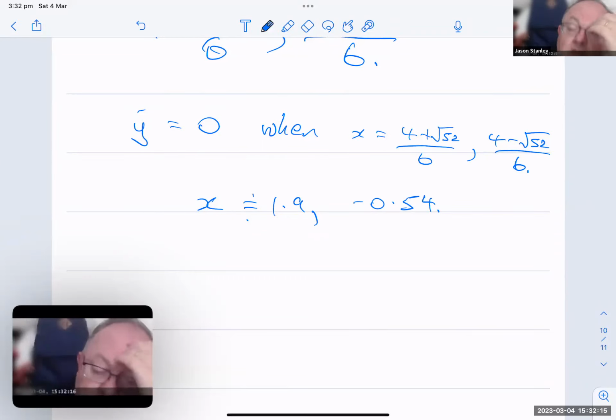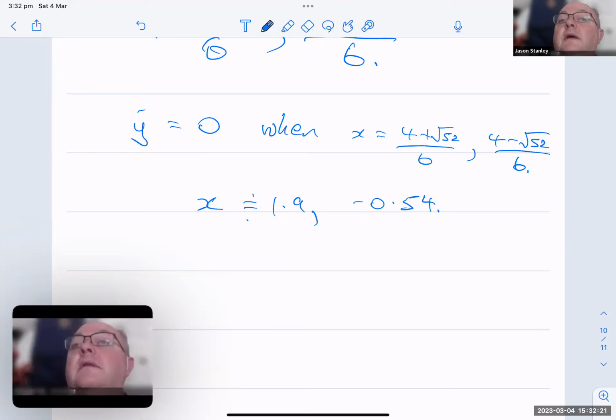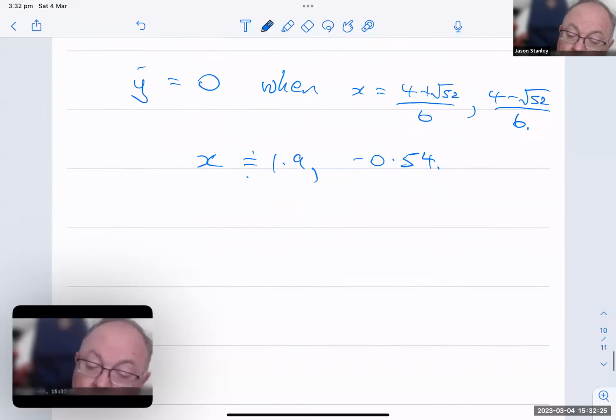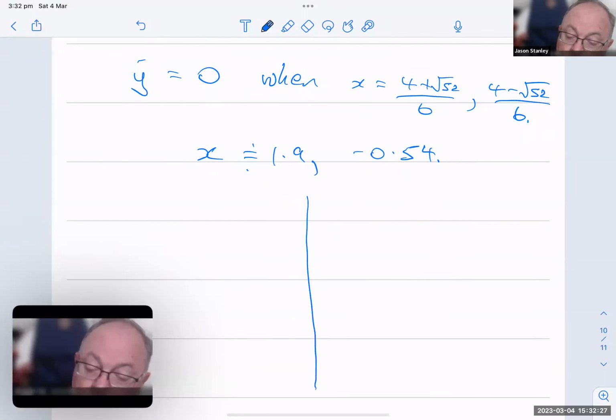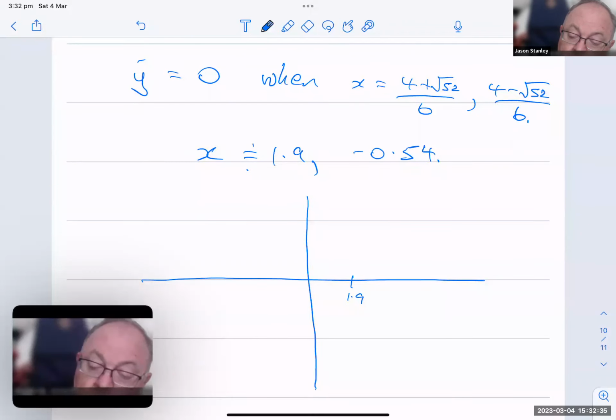So what's happening at those two x points? I've got to sketch it now because you asked. The gradient at 1.9 and minus 0.54, let's exaggerate this.